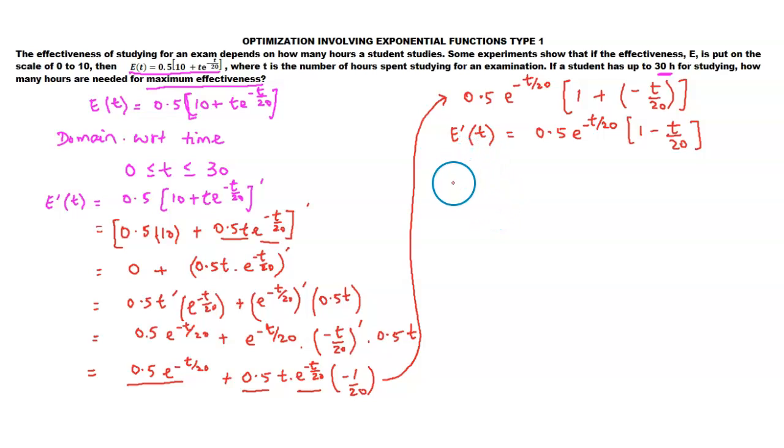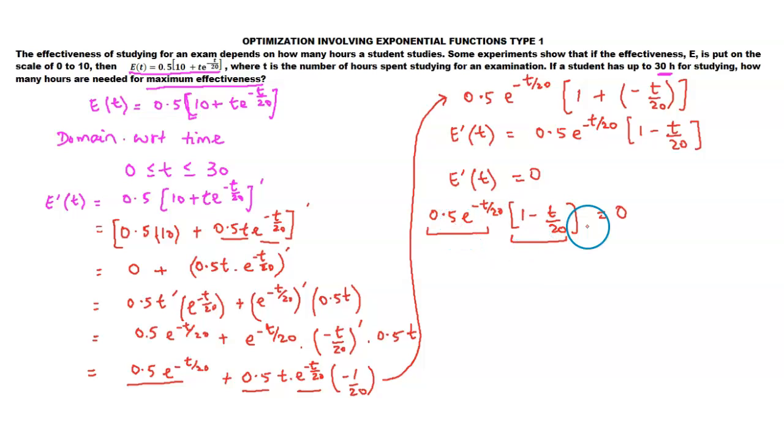My next step is to find my critical numbers. So I am going to set this equal to 0. I have 0.5 e to the power negative t over 20 times 1 minus t over 20 equal to 0. Now this is a product of this and this.